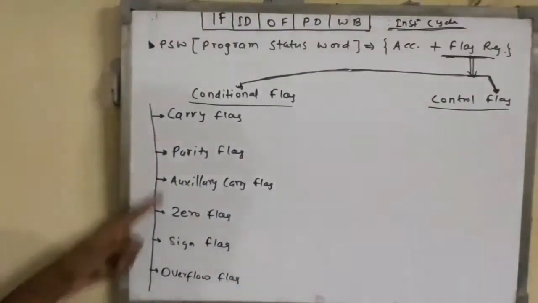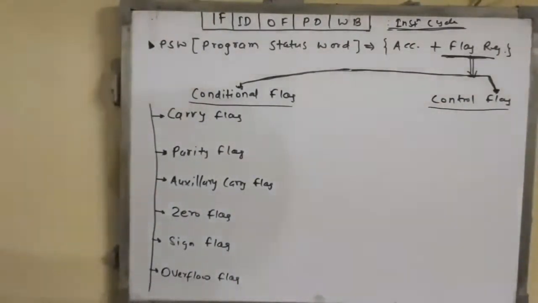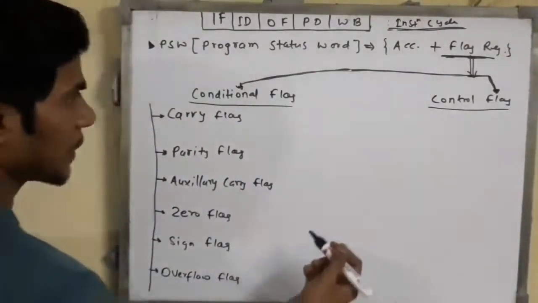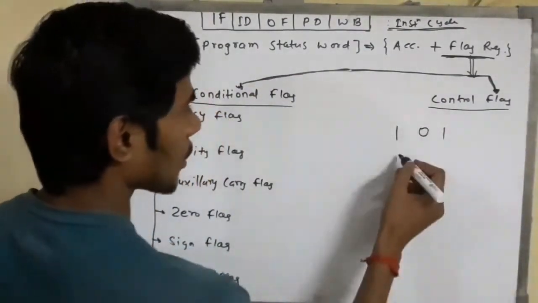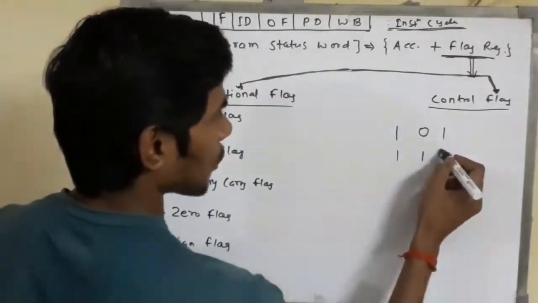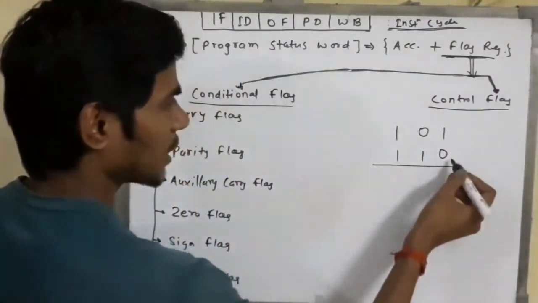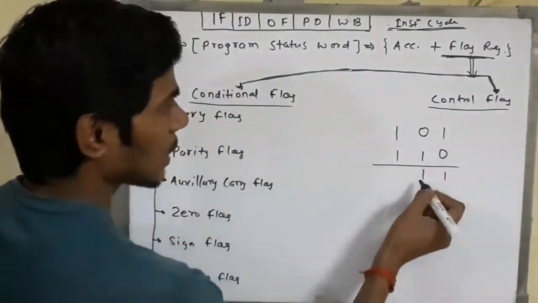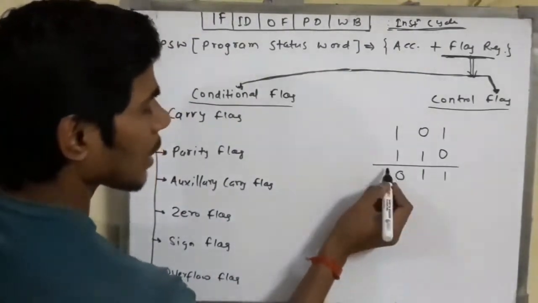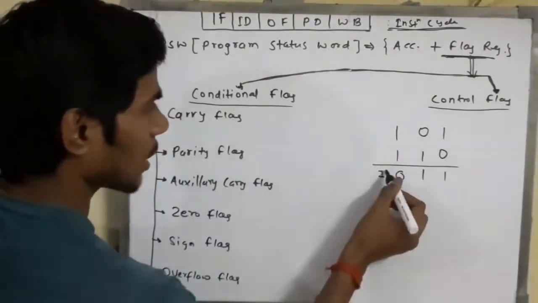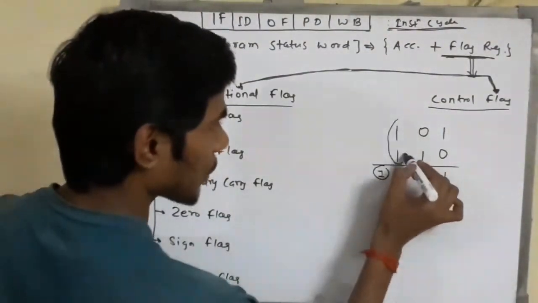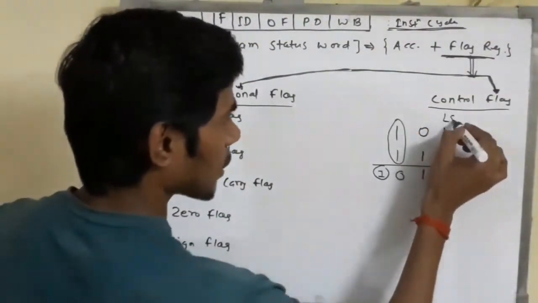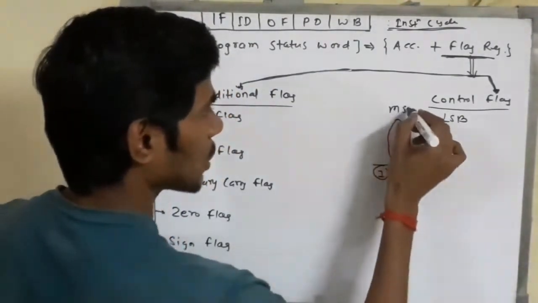Under the control flag, the first flag is the carry flag. If we are performing some operation, like 101 and we are adding 110, we get 101, 101, 110, and one carry is here. One extra bit. If we are getting one extra bit out of the MSB, this is the least significant bit and this is the most significant bit.